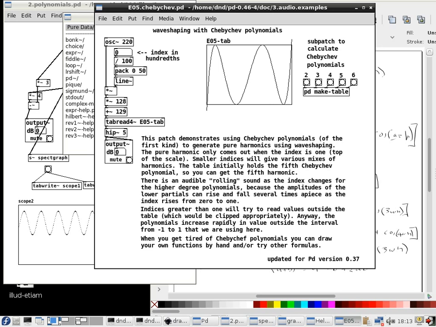Let's get this thing up here and play. Oh, here's the same frequency. 220 turns out to be a great test frequency. Here's the octave. All right. That, I'm not doing by changing the frequency. What I'm doing is changing the table.